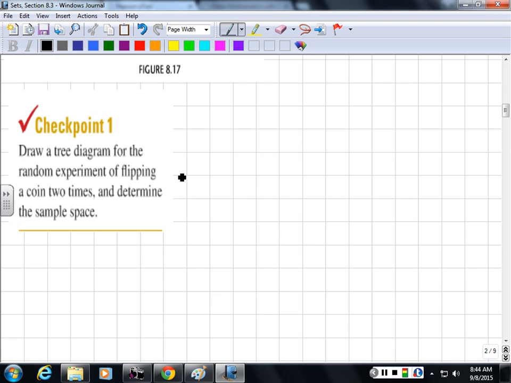And it's always going to be binary, meaning there are two possibilities. So we flip the coin. Or actually, let's just call it the first flip. Well, the first flip, what are my possibilities? I'm either going to flip a head or I'm going to flip a tail.